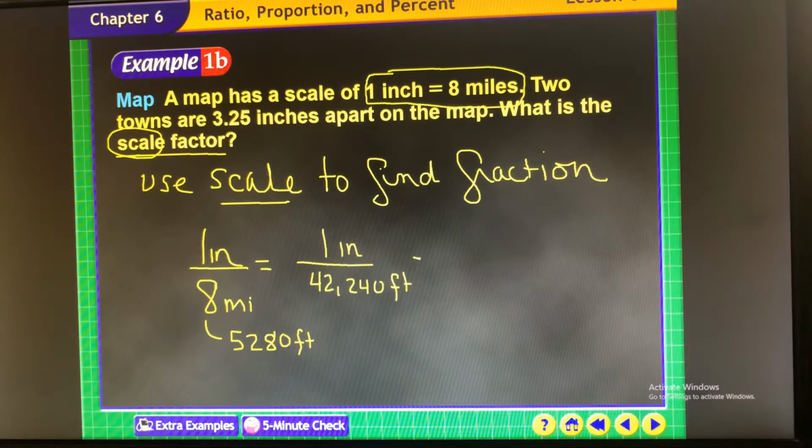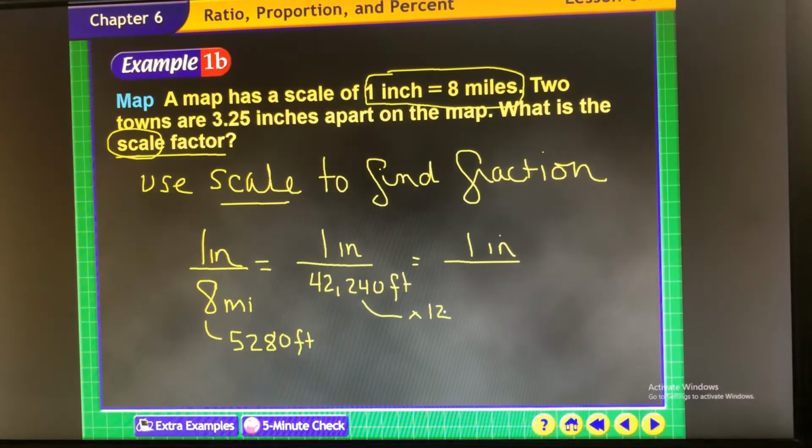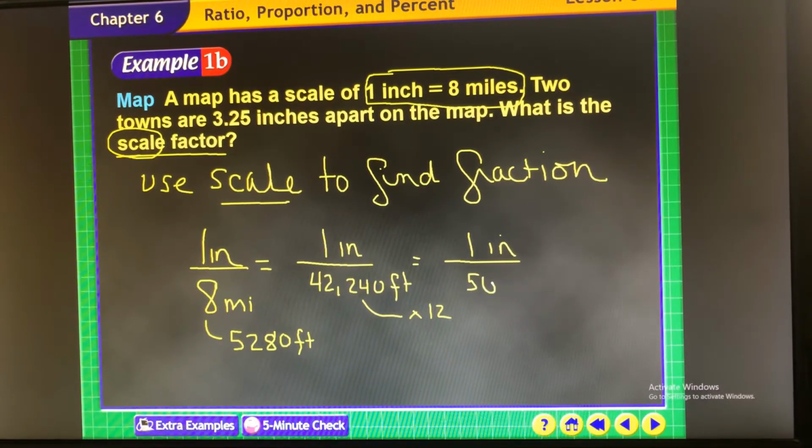Okay, not done. I have to be in inches over inches. So now I have 1 inch over 12 inches in a foot. So do that times 12. I have 506,880 inches.